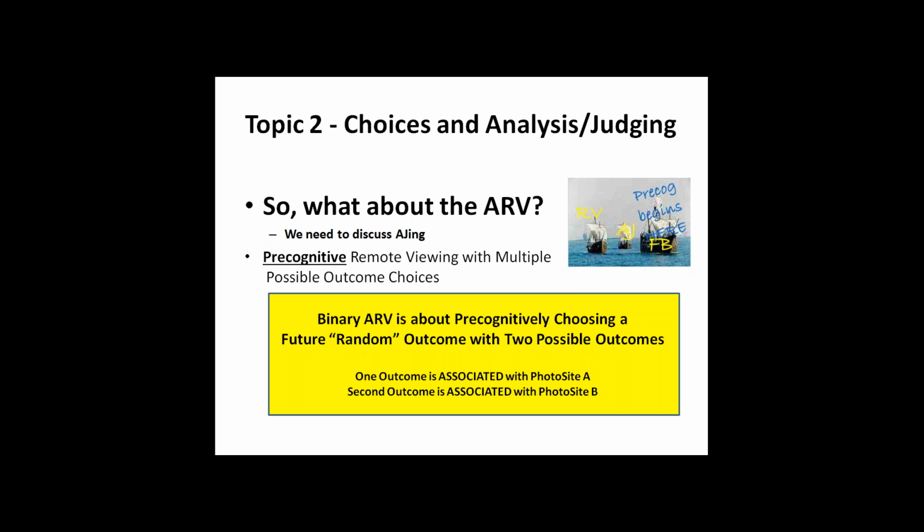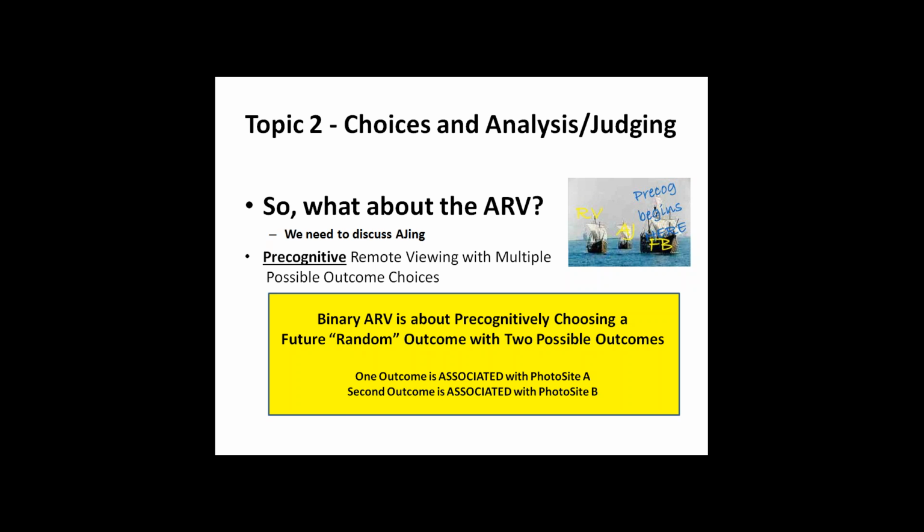Well, the tasker is always 100% of the time, everybody in the system knows that the tasker is going to show what actually happens, the actual outcome. So let's say heads was associated with photosite A and tails is associated with photosite B. Well, at the end, the person flips a coin, and if it's heads, they're going to see whatever photosite A is. It's really that simple. But what the judge does is looks at the transcript and says, oh yeah, this really looks so much like photosite A, not much like photosite B, maybe a few random matches.